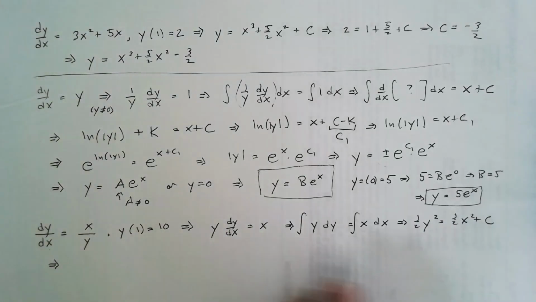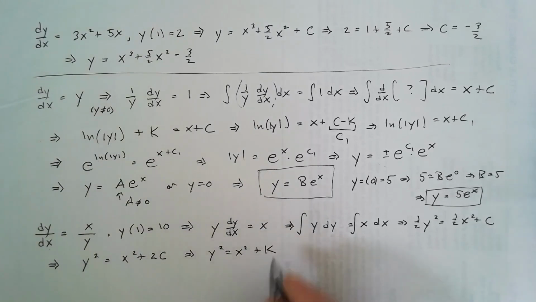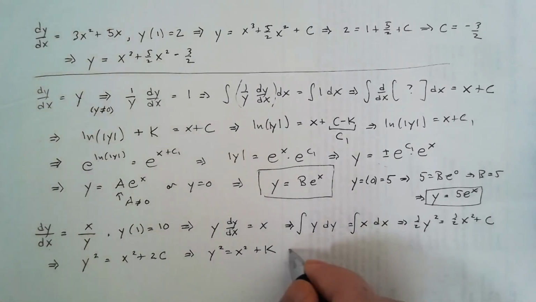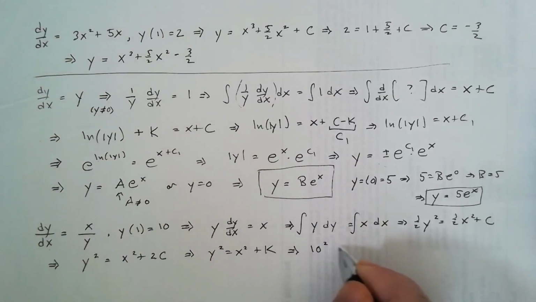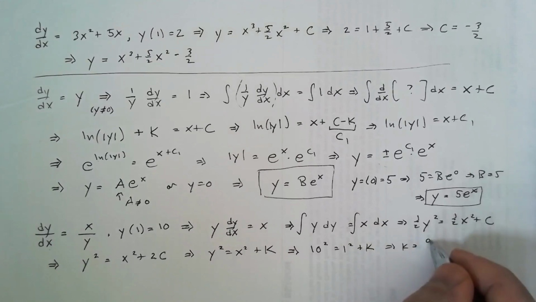Multiplying both sides by 2, I get y squared equals x squared plus 2c, or I could call that 2c some other constant k. I could continue solving for y and then figure out what k needs to be in order to satisfy my initial value here, but we could also do that at this stage. If I plug in 10 for y and 1 for x, k has to equal 100 minus 1, so 99.